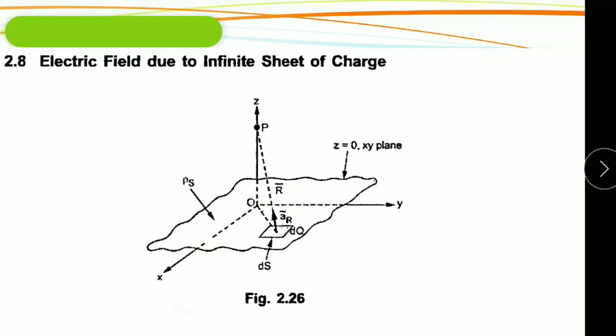Inside the sheet, let us imagine a differential surface having a differential charge dq, and a point P along the z axis. We have to calculate the electric field intensity at the point P due to this infinite sheet of charge. The point P is at a distance capital R from the surface.